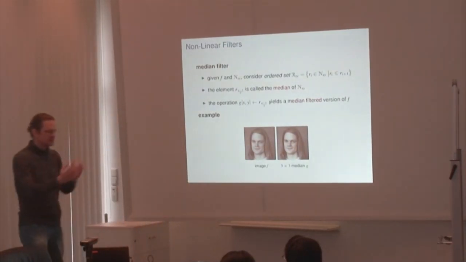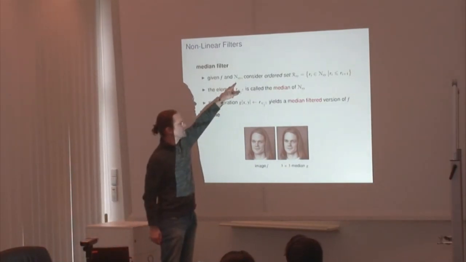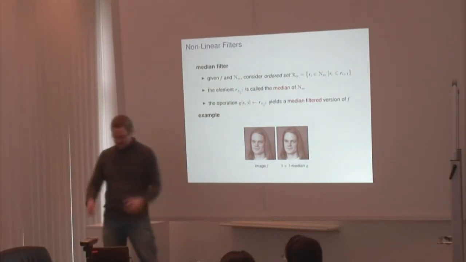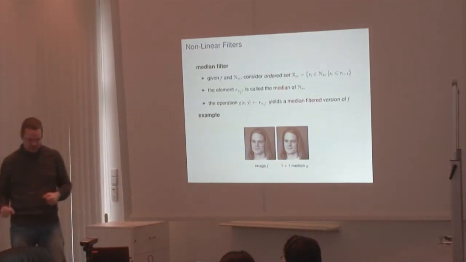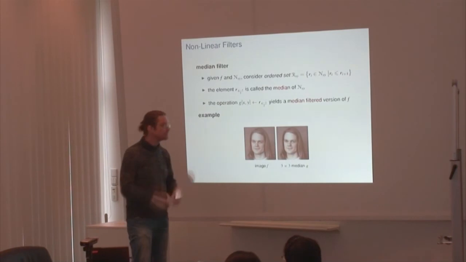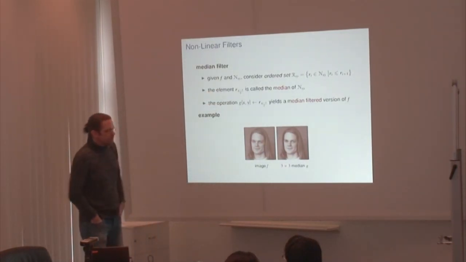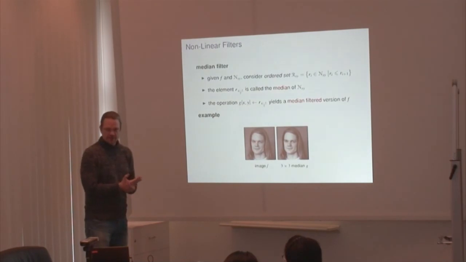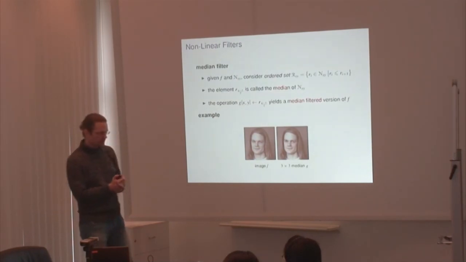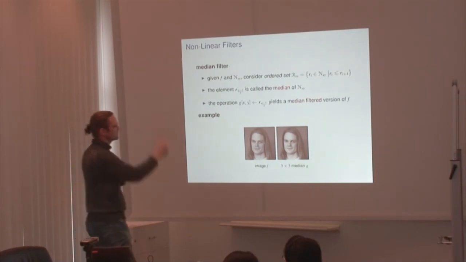And for every pixel in this image f, we, again, consider a local neighborhood surrounding the pixel. All the pixel values surrounding the current pixel are collected in a set nxy. And then we order that set nxy. Right? And we order it in an increasing or ascending fashion.